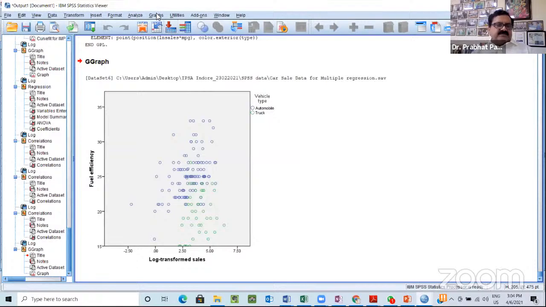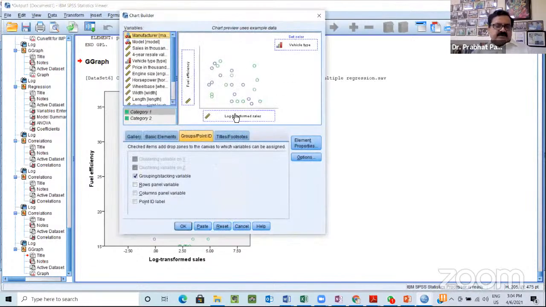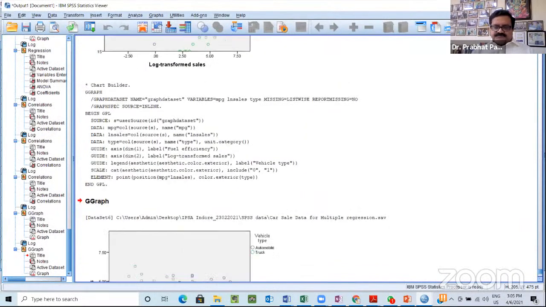In order to look at this again very properly, let me just make one more change. So let me keep log sale here and fuel efficiency on the x-axis, just changing the axis so that you can have a better view.